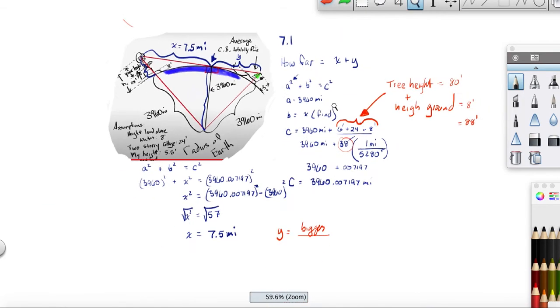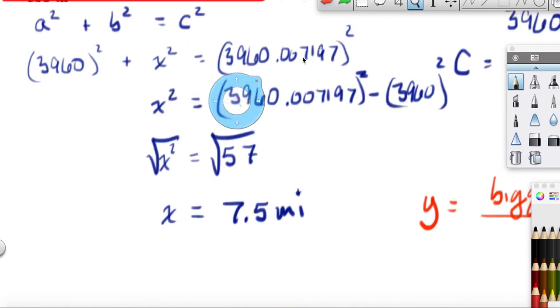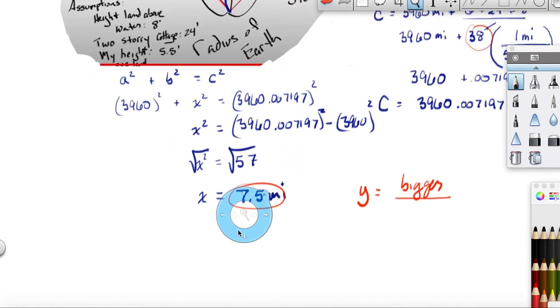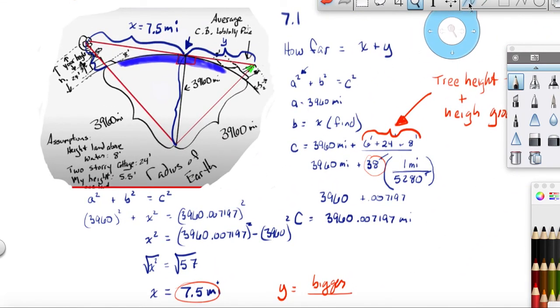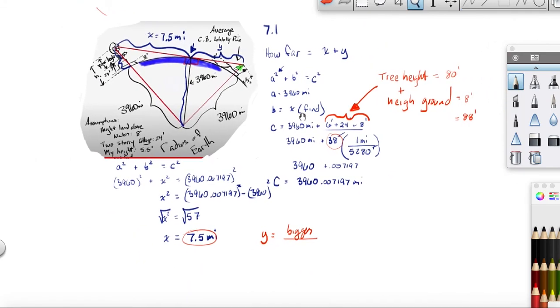So you guys figure that part out. We suspect it's going to be bigger than 15 miles. We would expect it to be a little bit more than that, because if the tree were the same height over here, these two triangles would be equal, and they're not. All right, so give that one a shot.